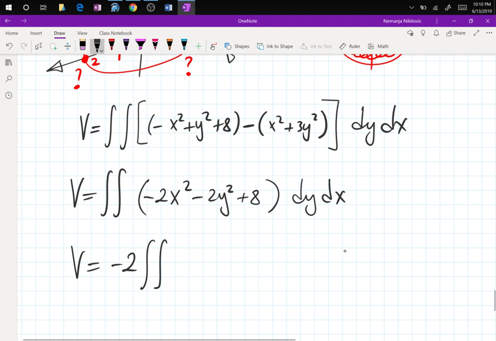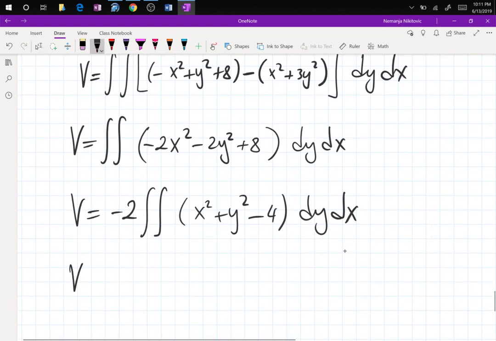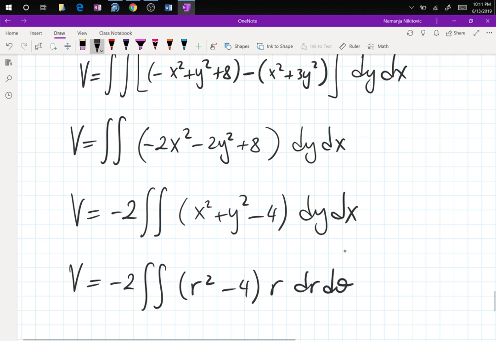So I just need to get this nonsense out of the way. So I have x squared plus y squared minus 4 dy dx. What I have done is I took the upper equation minus the lower equation, because I need the upper volume minus the lower volume that I'm throwing away. And then I just did algebra, right? I am finally ready to convert this integral into polar. Negative 2, double integral, and here is my r squared minus 4 r dr d theta. So this is what happens. The conversion.